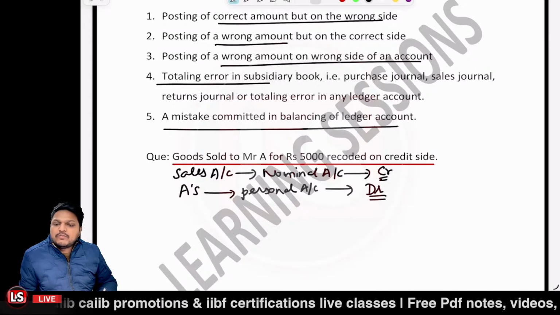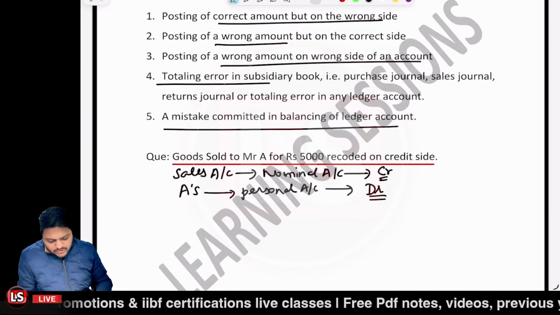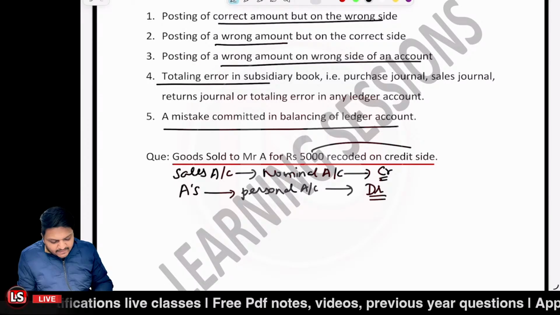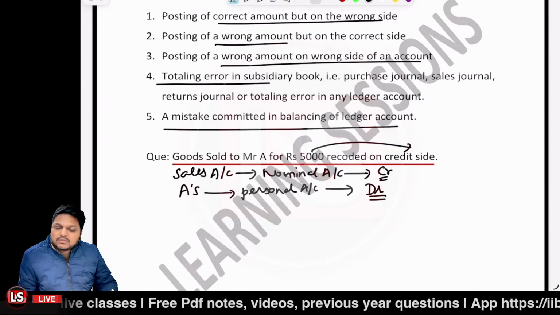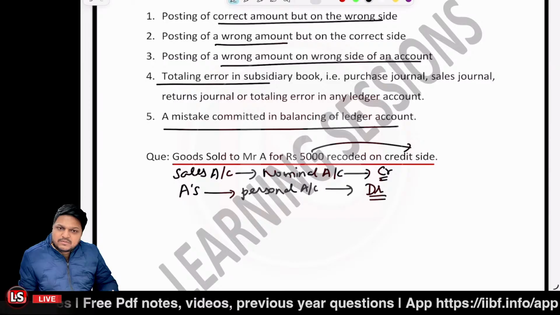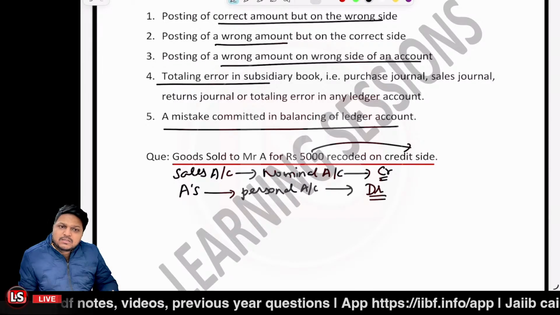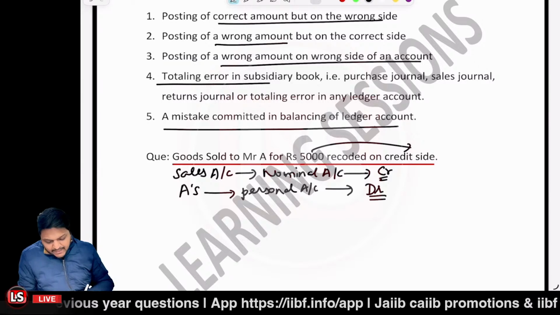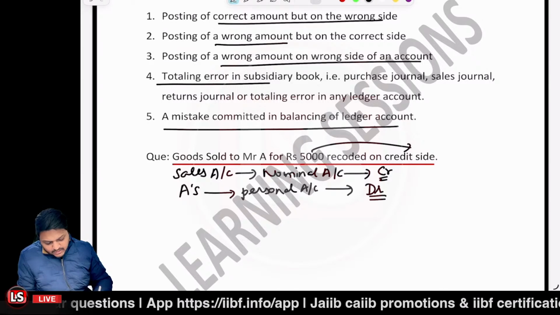But now what have we done? Goods sold to Mr. A, rupees 5,000 recorded on the credit side. You were to put the debit entry into A's account, but we put the credit entry.